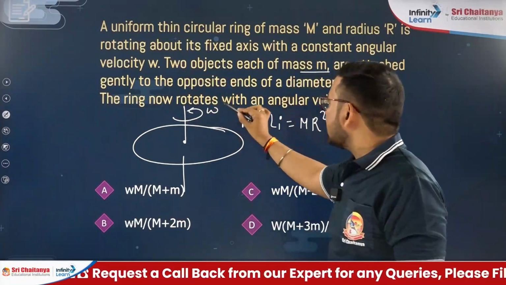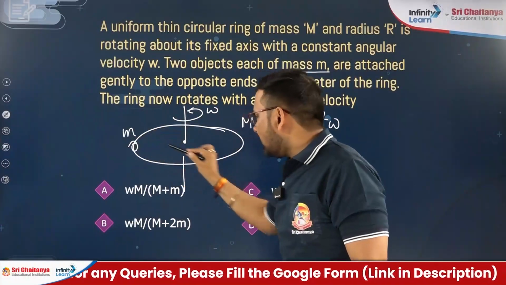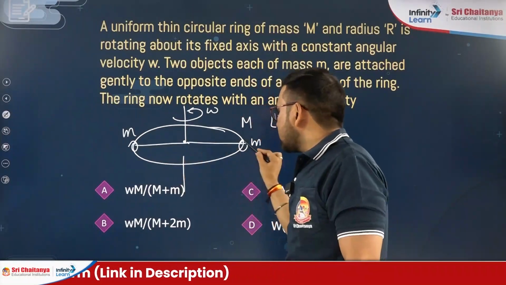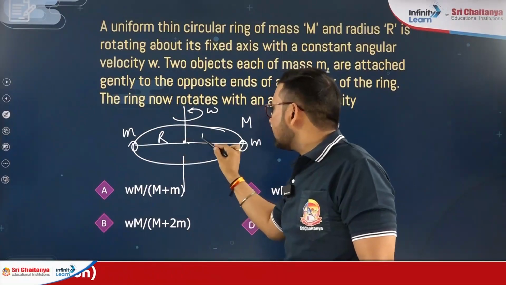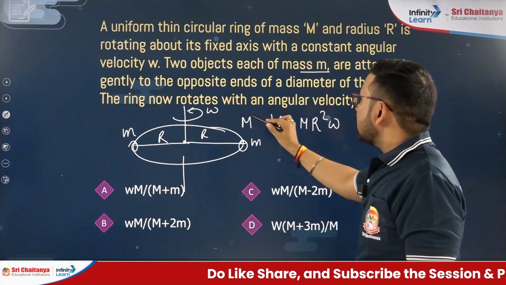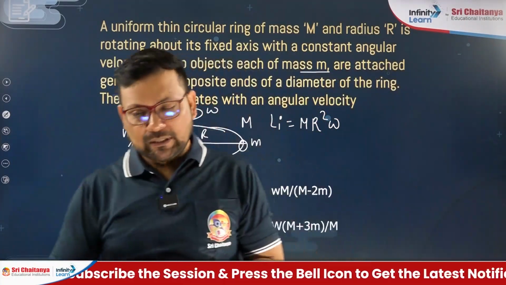And where are we placing? At opposite ends of a diameter. Here is m, here is m, and obviously at opposite ends of the diameter, so the distance from the axis will be r. The two objects now rotate with the ring. Have we changed something to change the rotation? Yes.